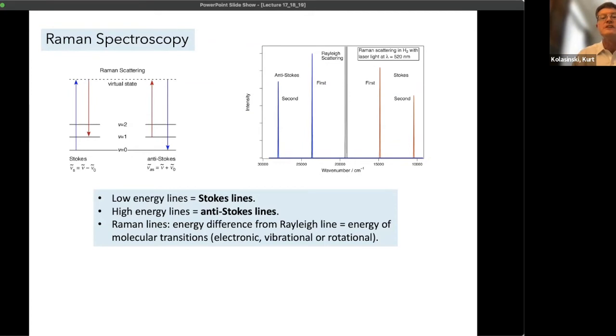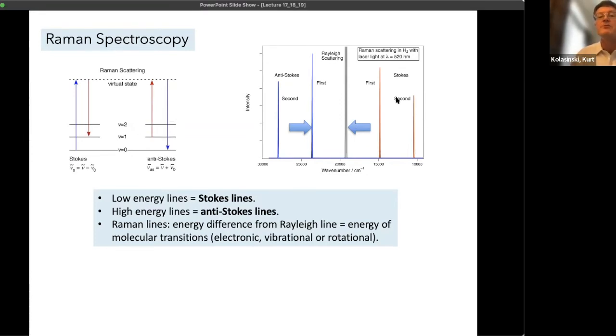The energy of a transition is the difference between the Rayleigh line, the elastic line, the line that you went in with to excite the system, and where a Raman line ends up. That difference is the transition energy, and it ends up being resonant with the transition that we excited.